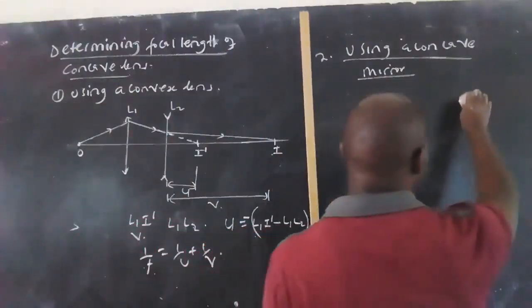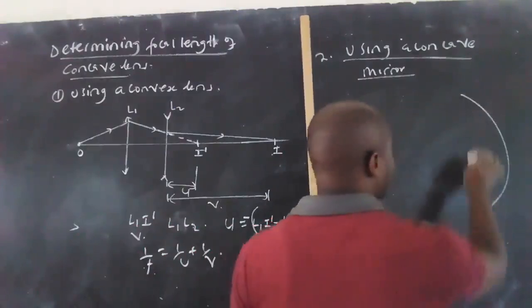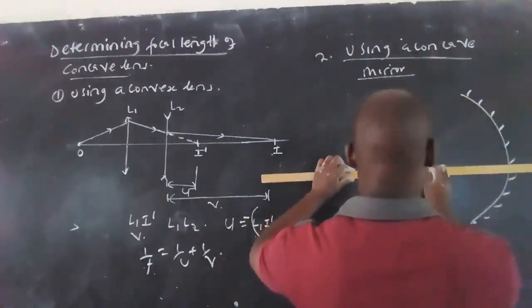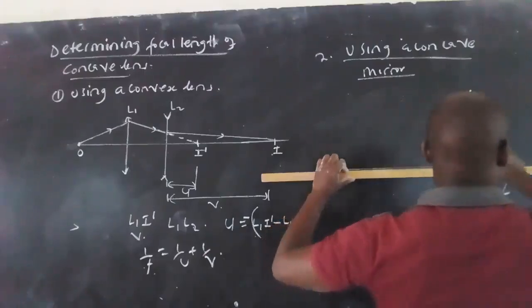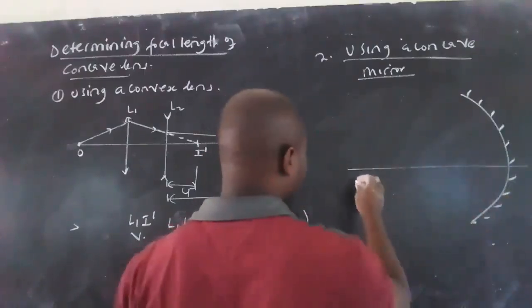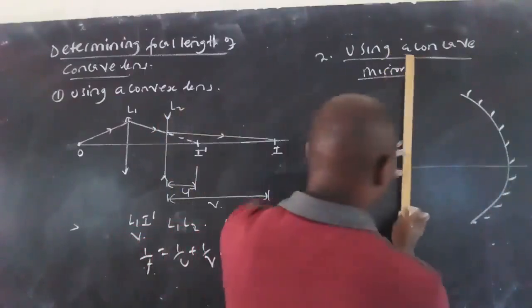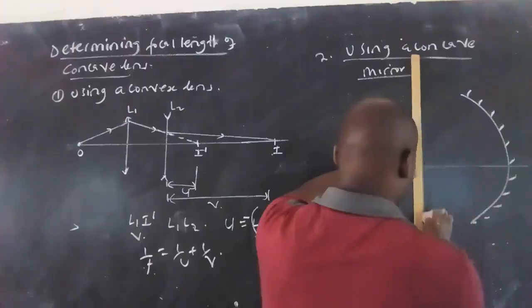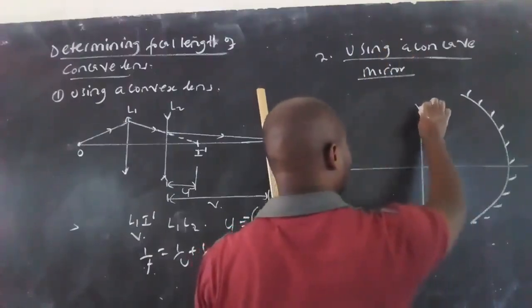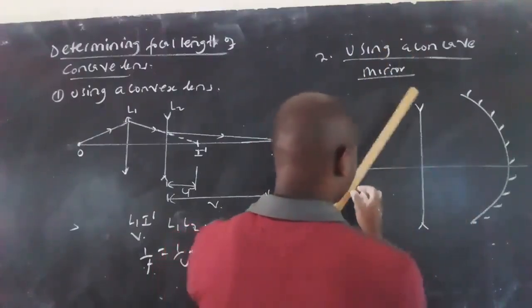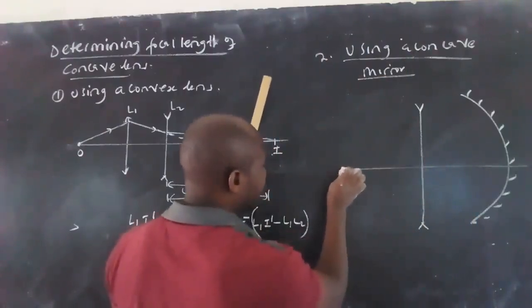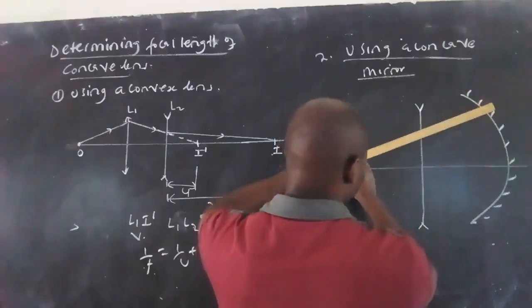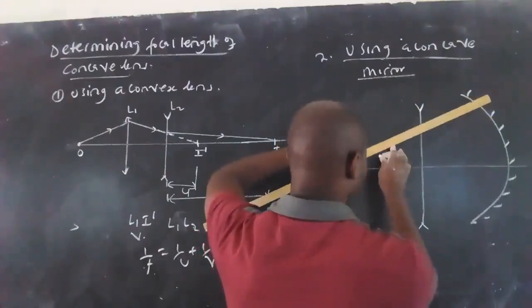We have a concave mirror this side, and this is the principal axis. Then we shall have the lens, which is the diverging lens. An object is placed here, an illuminated object. So we shall have something in this nature.